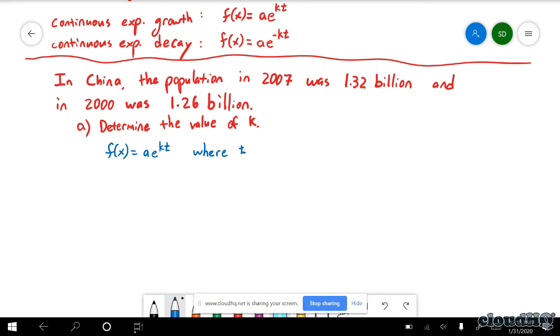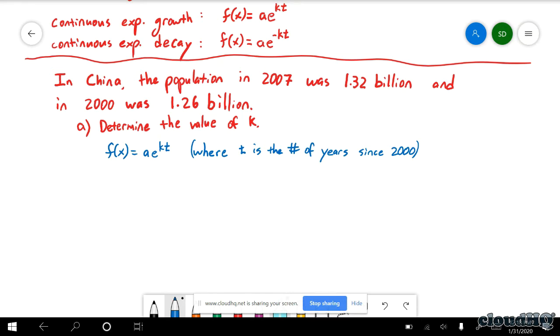Where t is the number of years since 2000. So we know the initial time, so then we know the initial amount.